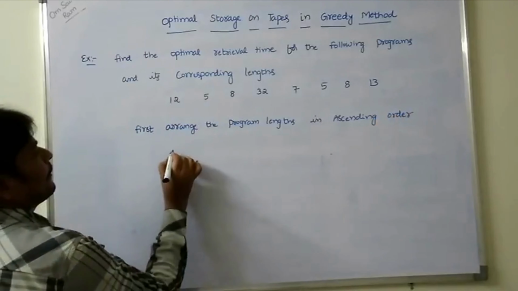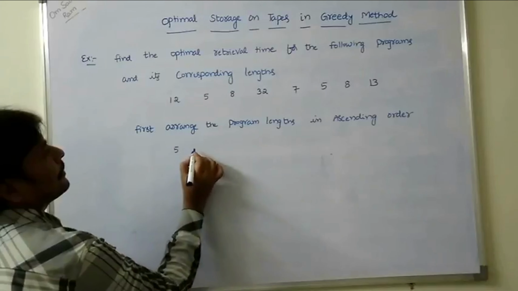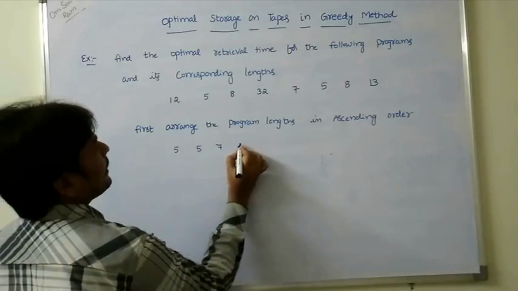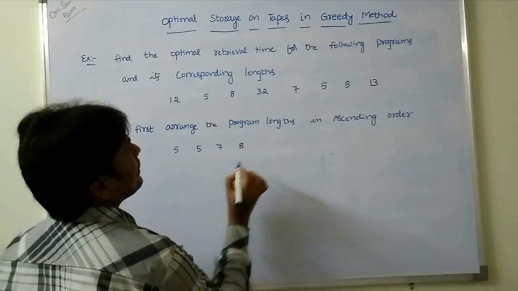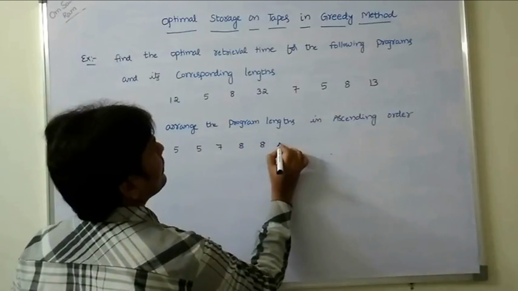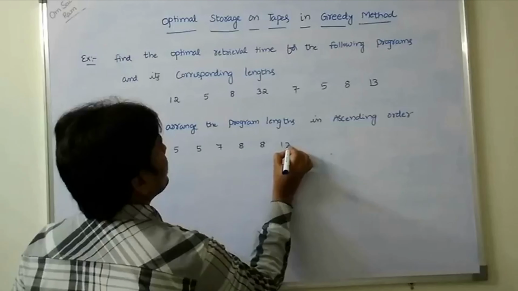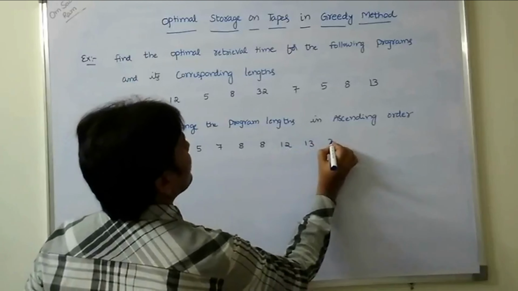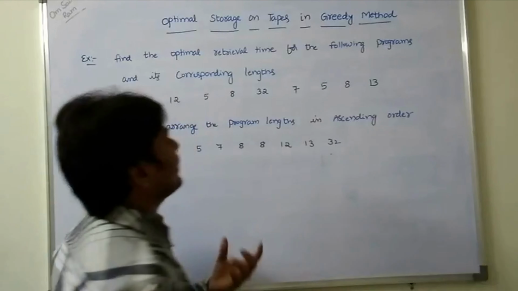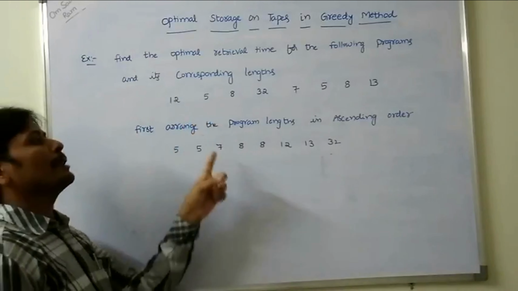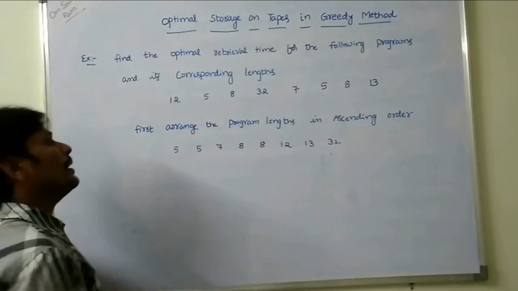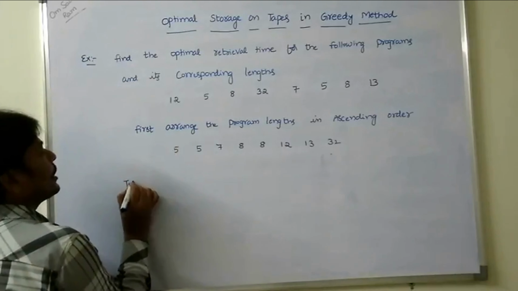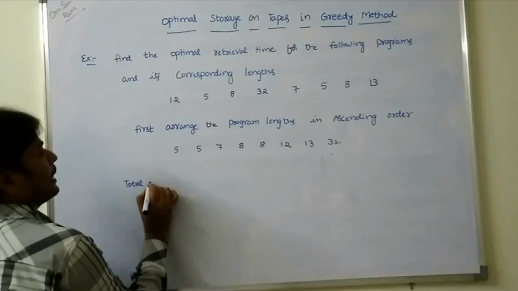So then 5, next 5, 7, 8, 8, 12, 13, 32. After arranging these 8 programs in ascending order, this is the result. Then how do we find out the total or optimal retrieval time?